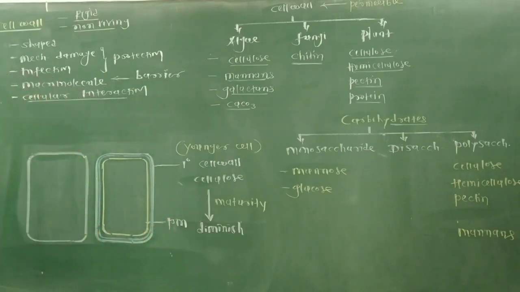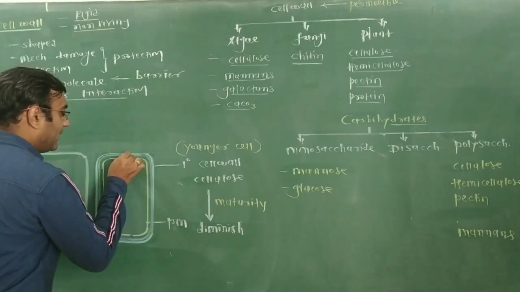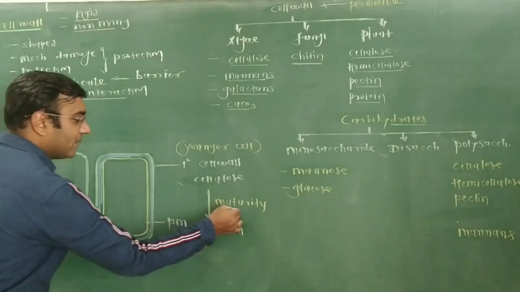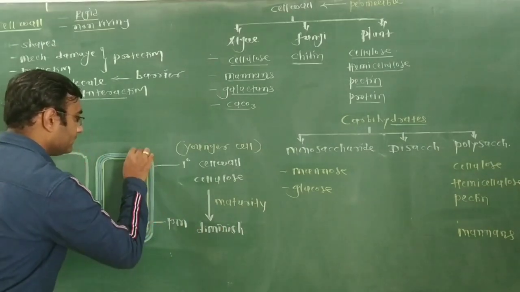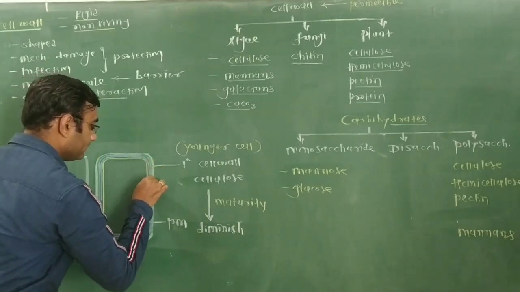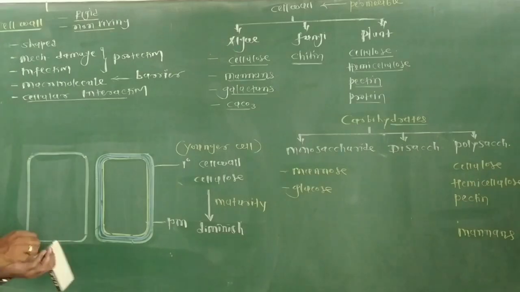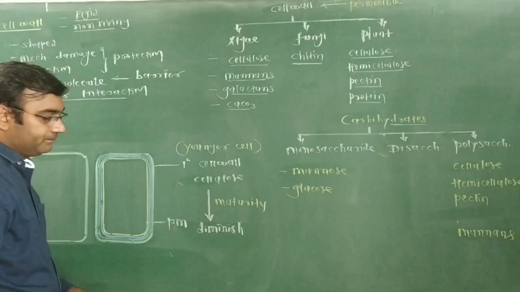This is the secondary cell wall. This is a single layer of secondary cell wall; many layers of secondary cell wall are constructed one by one towards the maturity of the cell. Here, the primary cell wall has the ability to grow.